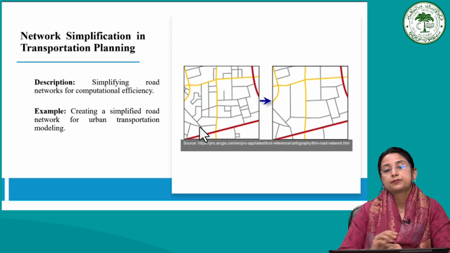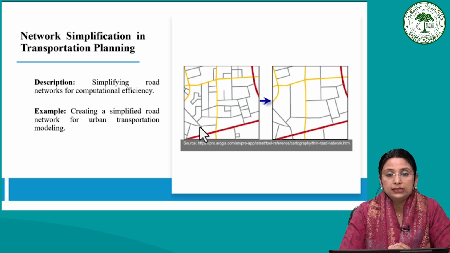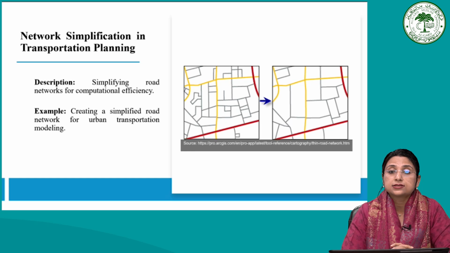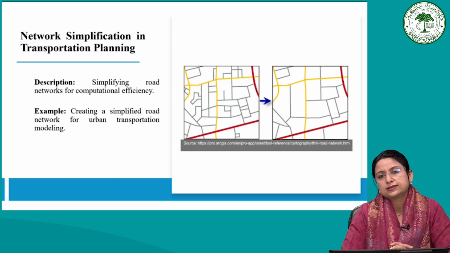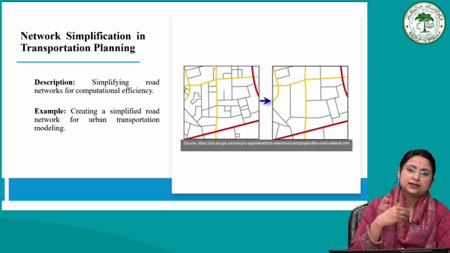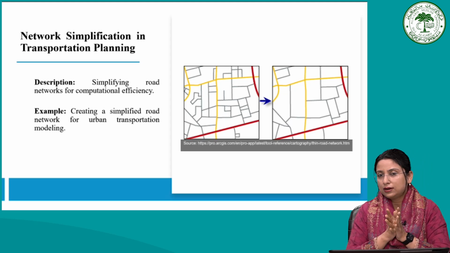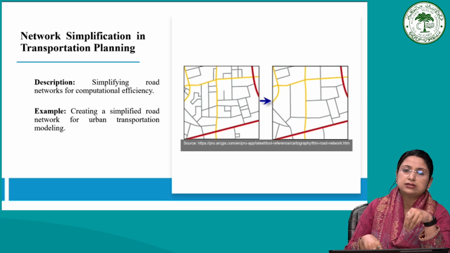First, network simplification in transportation planning. Transportation networks such as road networks or public transit systems are often complex. When you want to travel, you must have seen the map, and you see n number of routes by which you can reach the destination.